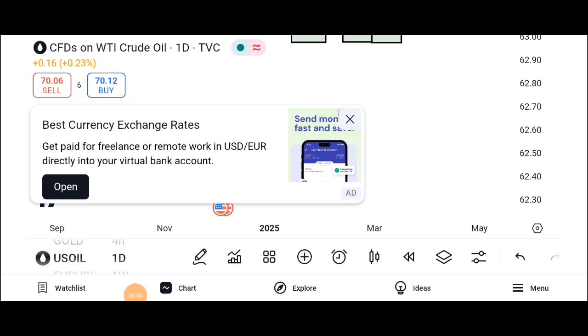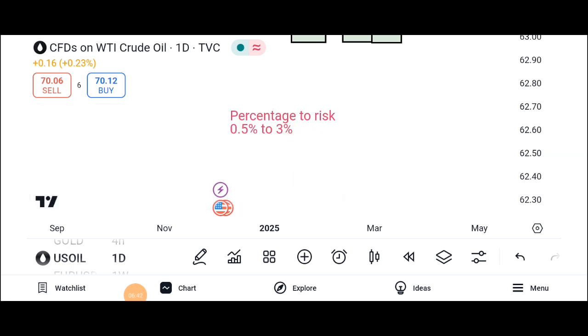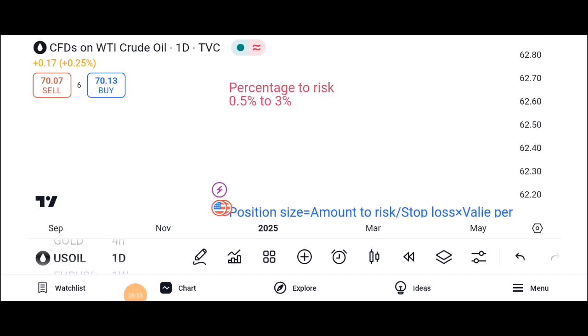3% is actually big. When you have a smaller account, let's say $10, you will see that this is almost impossible, guys. Because imagine 1% of $10. It sounds crazy, right? It just tells you that the more capital you have, the better your chances.